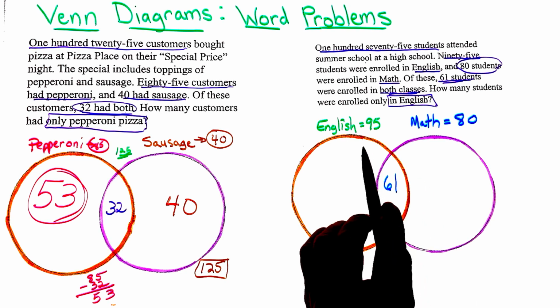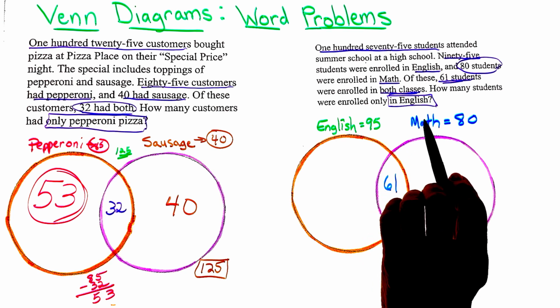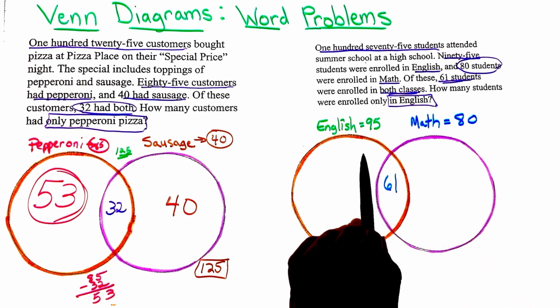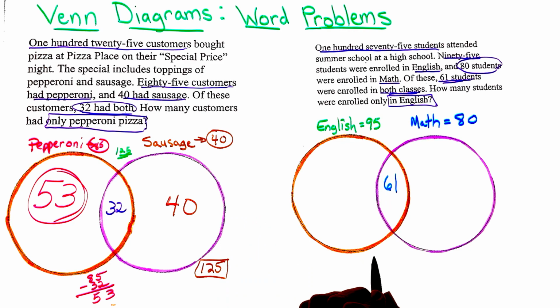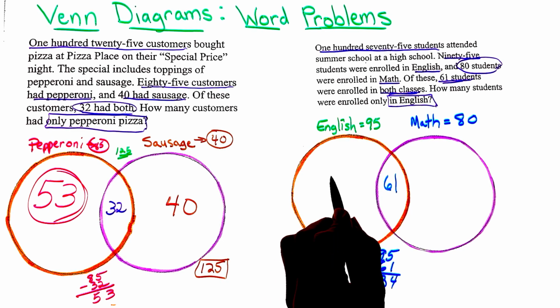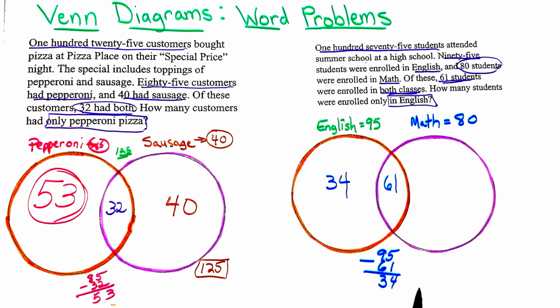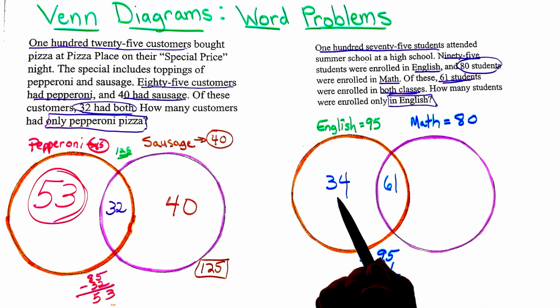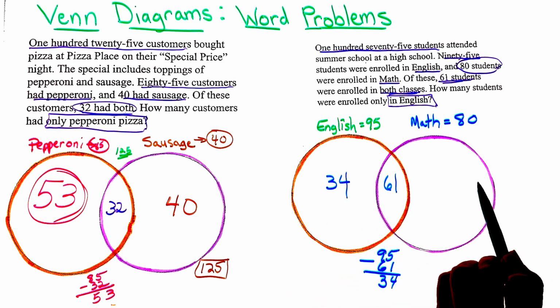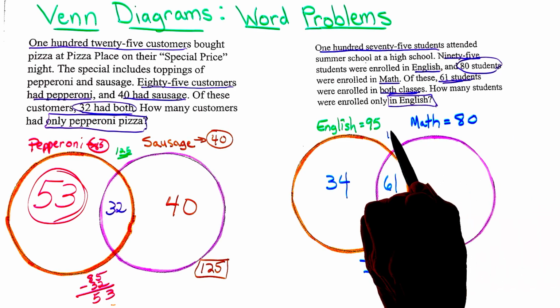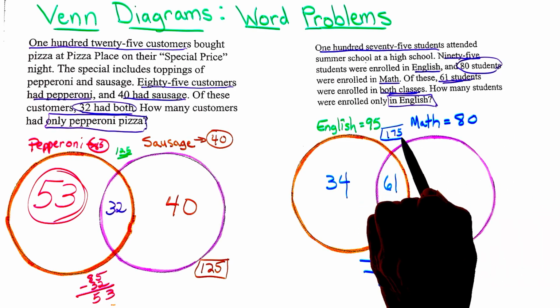So notice when I'm looking for how many were in English, I'm going to take my 95 minus my 61. And when I do that math, I do get 34. So if you wanted to be able to fill it all in, remember, all of these have to add up to the total of 175 students.